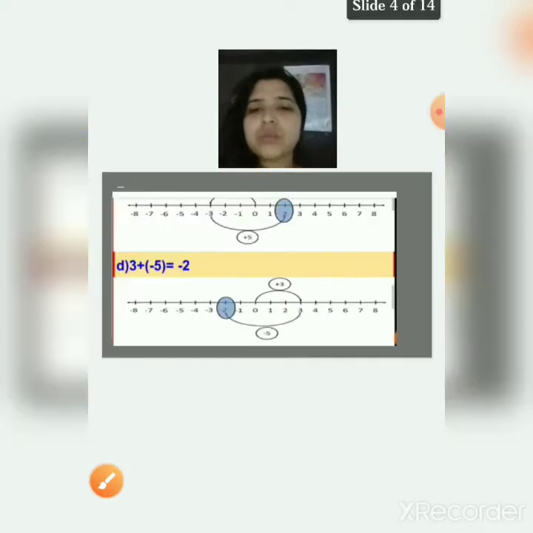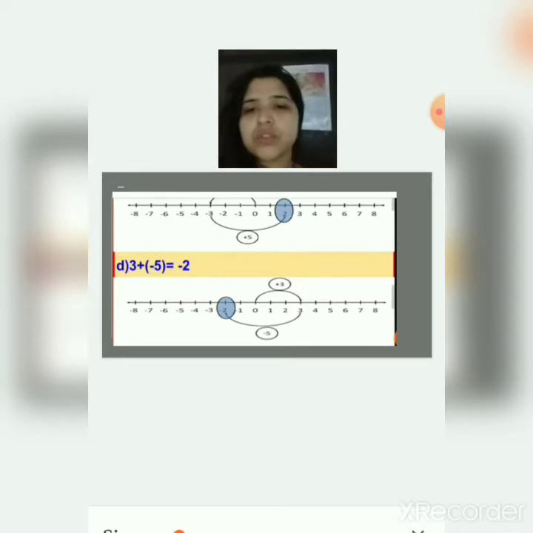Now moving to the next, we have 3 plus minus 5 equals minus 2. As I told you, first check the number, which is also 3. First take from 0 directly to 3. The answer is minus 2.